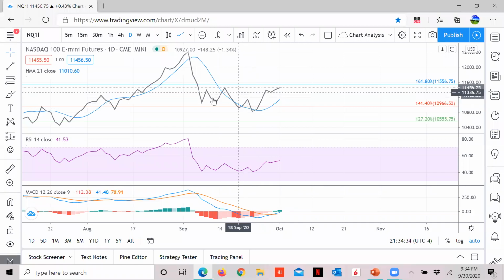So vice versa, if you look at 2 bottoms in a short time frame, then that's a bullish signal, right? Right after these 2 bottoms, what happened?